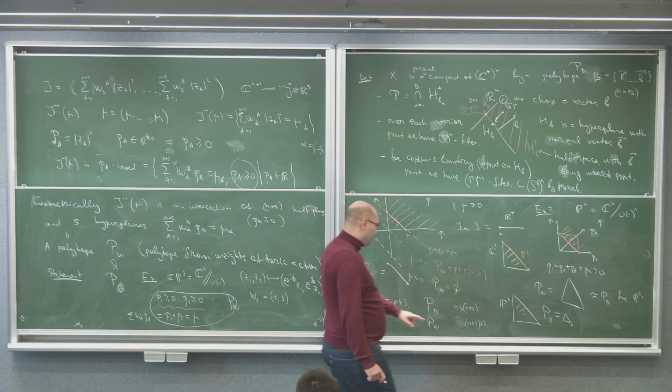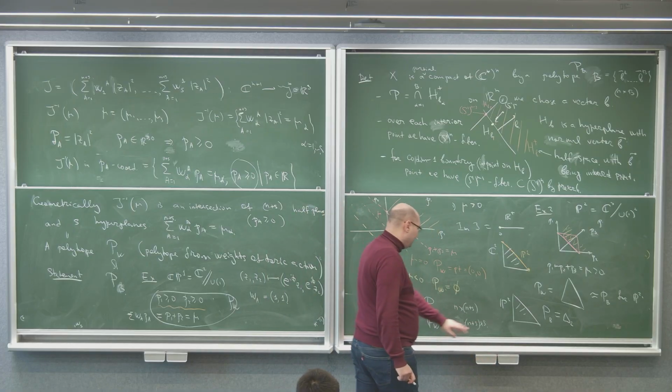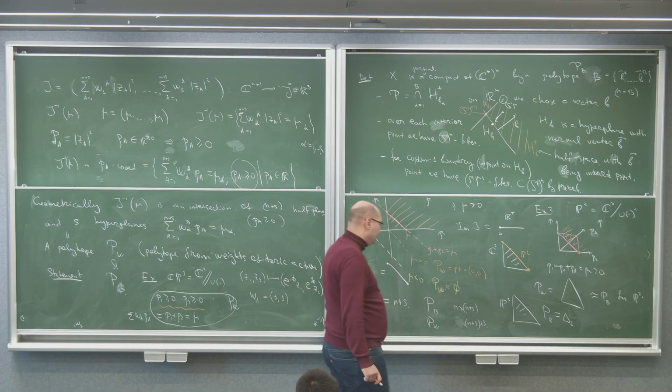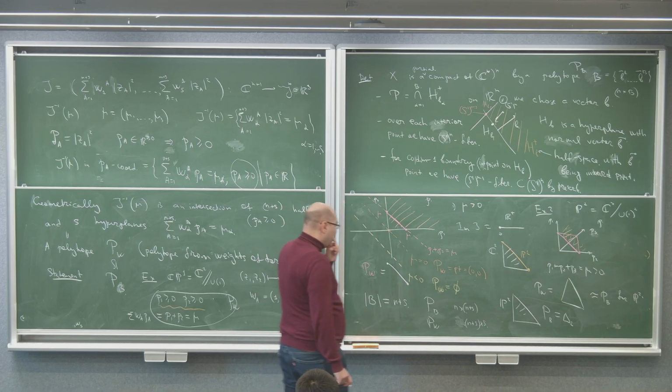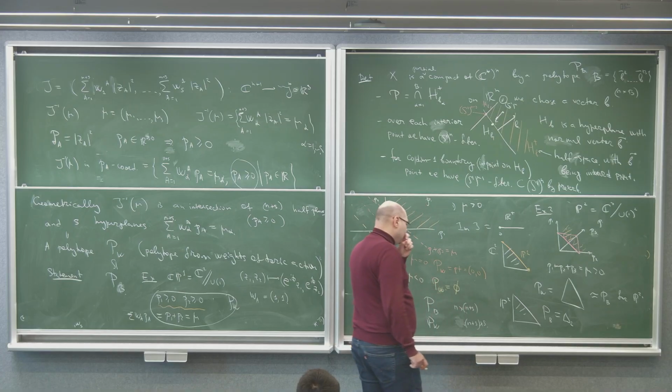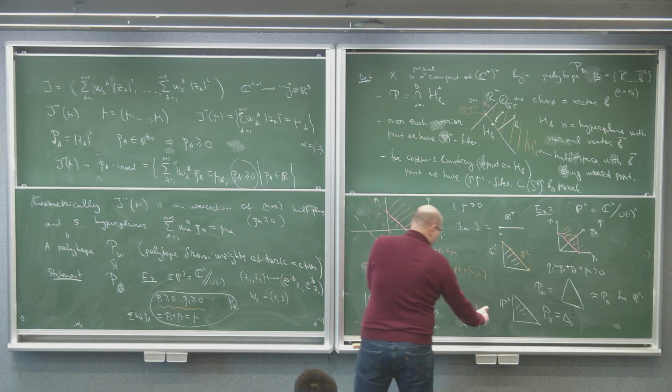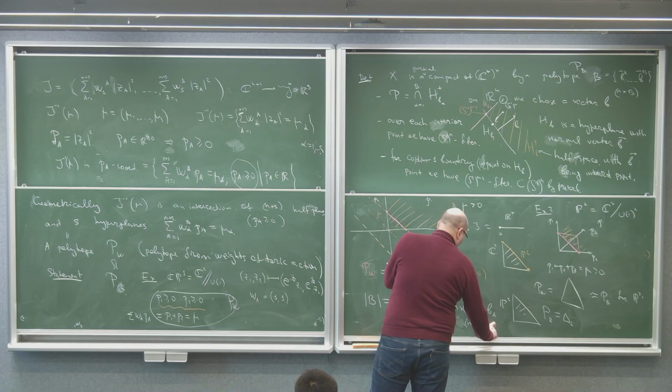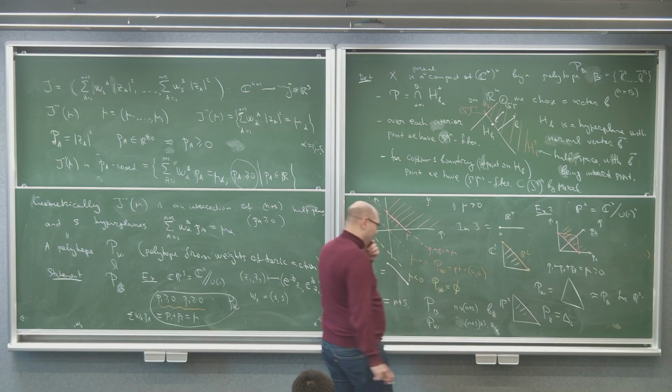So that was s vectors in n plus s dimensional space. And here we have n plus s vectors in n dimensional space. They are the vectors B, and these are the weights W alpha.